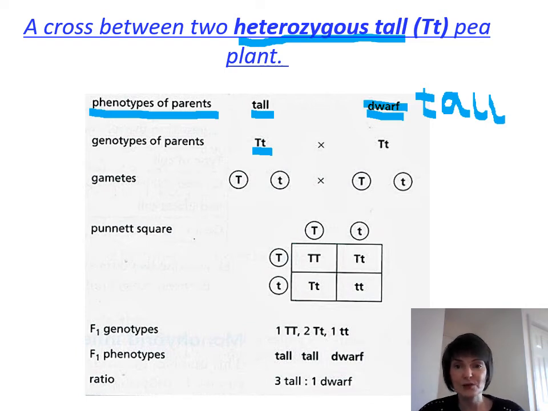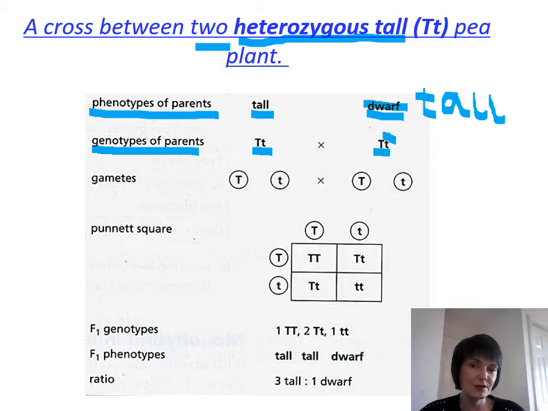So there is a wee typo here, so that should not be dwarf, it should be two tall heterozygous pea plants. The genotypes are okay because we've got big T, wee t, and we're told they are two heterozygous tall pea plants.